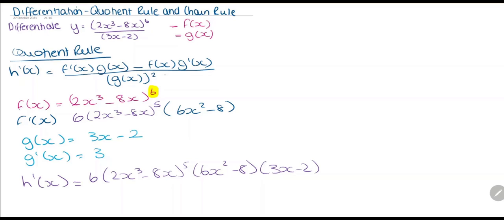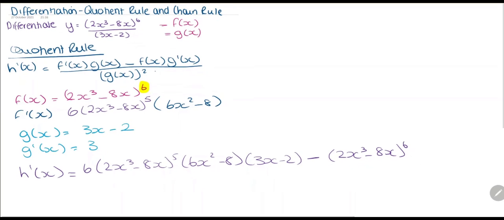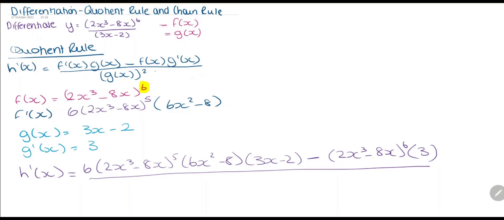Now this is minus, and f of x, which is (2x cubed minus 8x) to the power 6, multiplied by our derivative of g, which is just 3, and this is all divided by g, which is (3x minus 2) all squared.